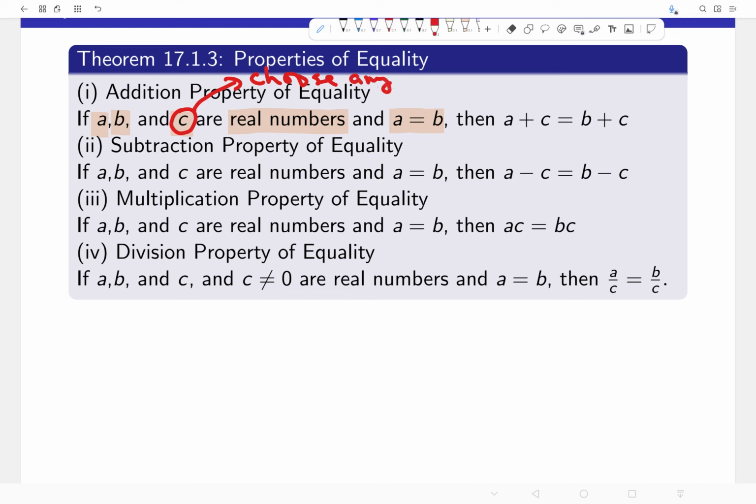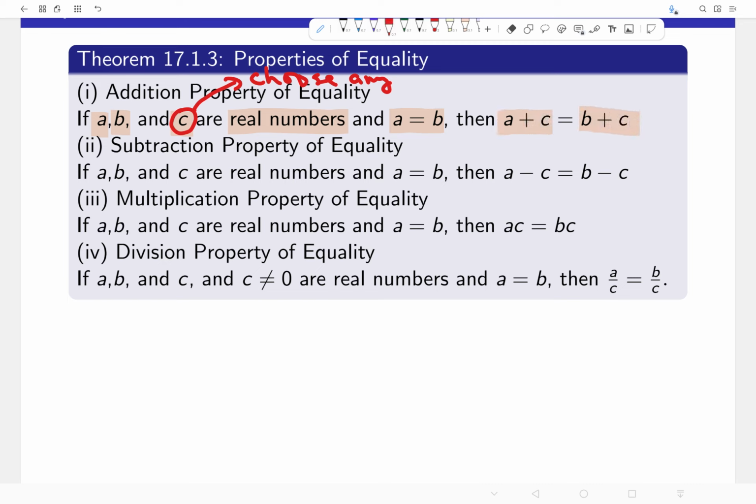Assume that A, B, and C are real numbers, where C can be any real number, and assume also that A is equal to B. Then according to this theorem, A plus C is equal to B plus C.